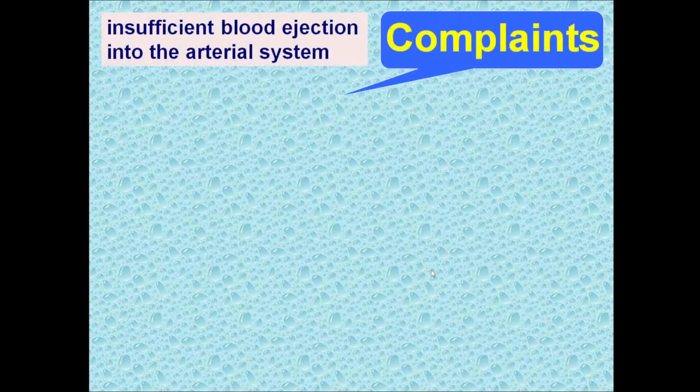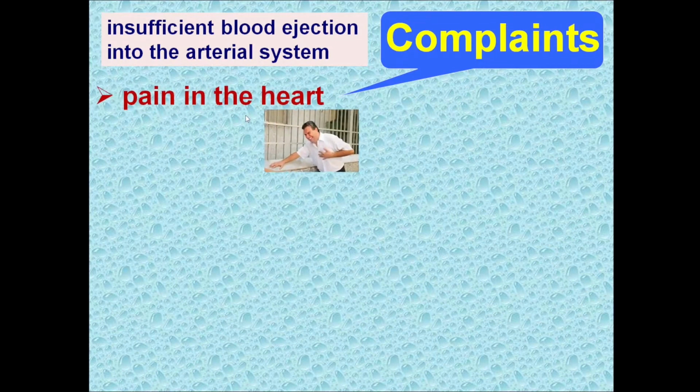The patient complains of pain in the heart, like attacks of angina pectoris, because they are provoked by physical exercise, which normally physiologically needs more active blood flow. It's impossible because the heart stroke volume diminishes.